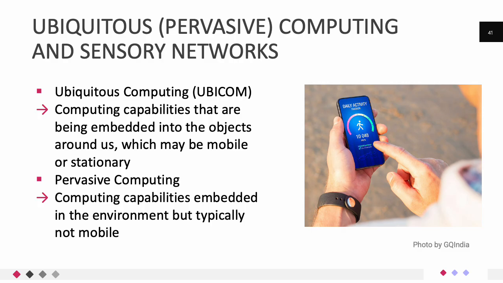So this idea is about computers being everywhere around us, but not in the way you think. We're not talking about laptops or phones. Instead, it means tiny computers are being embedded or built right into objects and environments around us.